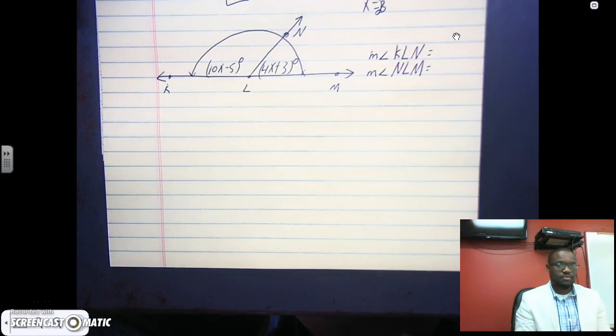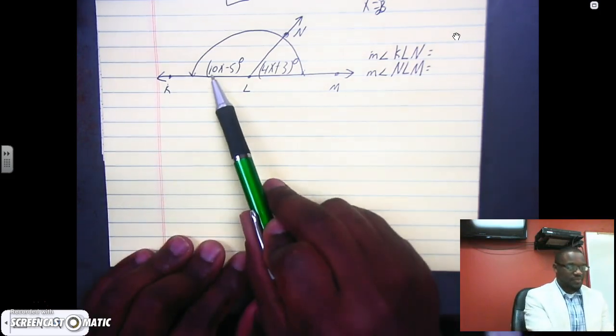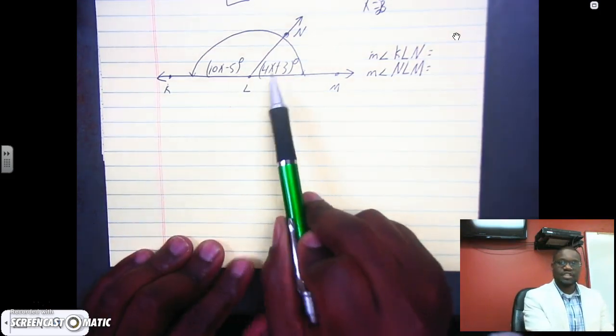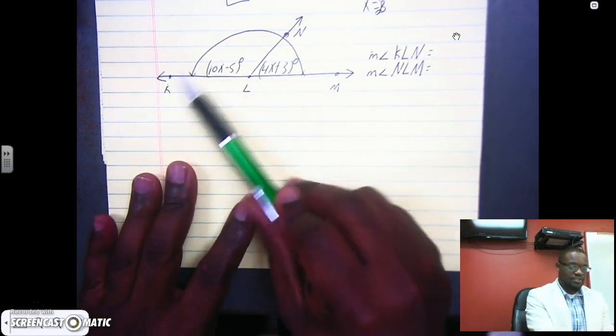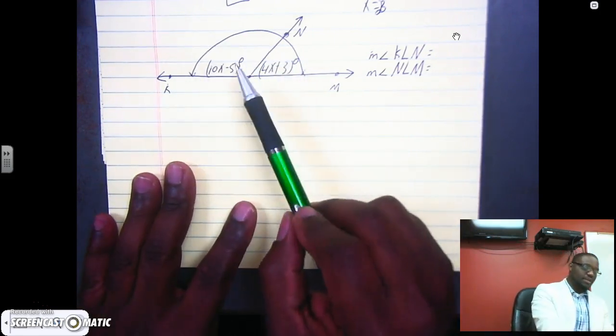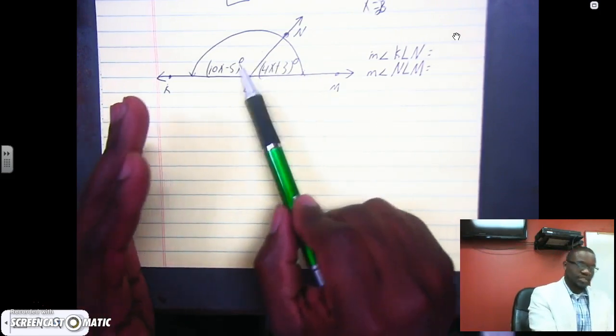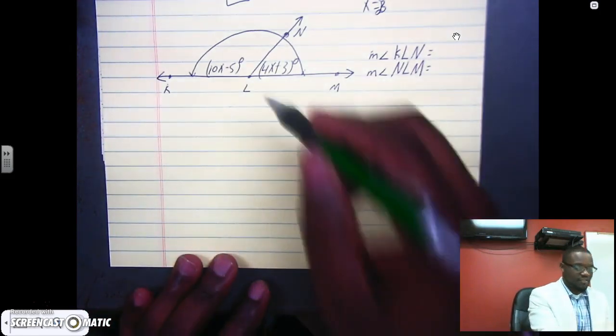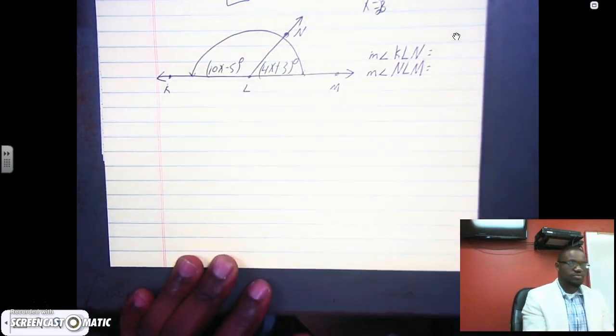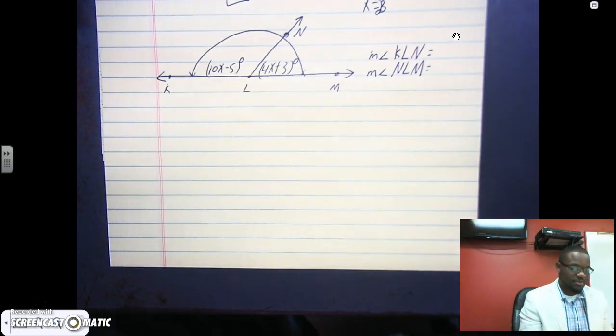Why do I want to set up an equation? Because I was given expressions instead of just numbers. If they had said 180 or a straight angle, and then given me 62 over here and 100 and something over here, then that would have been okay. I could have just used numbers. But the fact that they gave me variables or expressions, I have to set up my own equation.